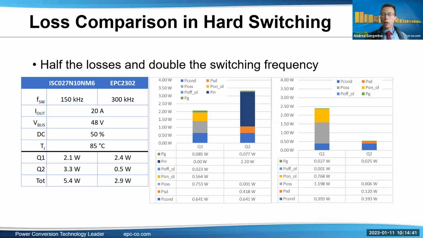Maybe the other quick comment I want to make here is the orange one. That's the PSD, the dead time diode conduction losses. As I mentioned before, GaN FETs have a different mechanism for reverse conduction. It's not a diode, and one of the characteristics is that it has a higher drop. So typically it leads to higher losses. But you can see here in the calculation, it's actually lower.